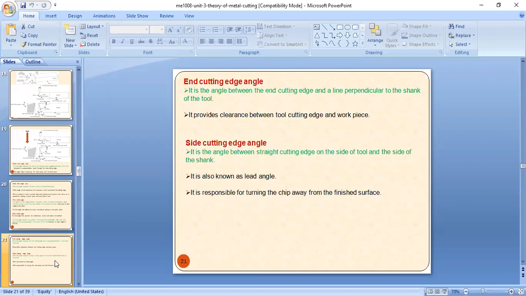End cutting edge angle is the angle between the end cutting edge and a line perpendicular to the shank. The side cutting edge angle is responsible for turning the chip away from the finished surface. So here the end cutting edge angle provides a clearance, but the side cutting edge angle tries to turn the chip away from the finished surface.